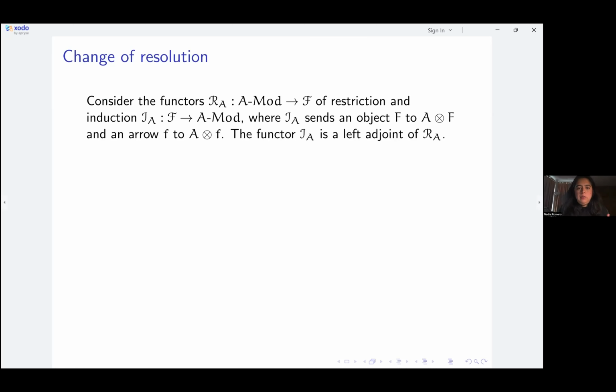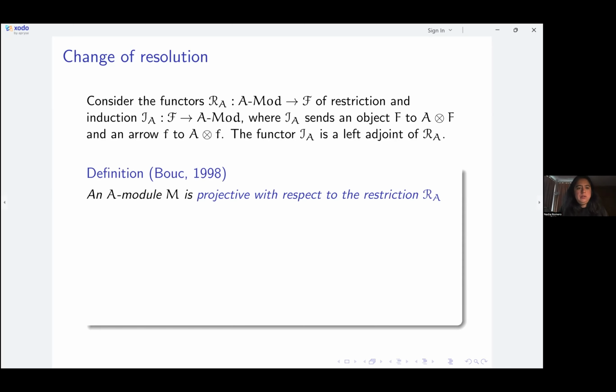And so whenever we have an adjoint pair like this, we can consider the following definition. What does it mean to be projective with respect to the restriction? My reference for this definition is a certain book, but I know there are many ways to define it, projective with respect to something. So you may say this definition already appears someplace else.